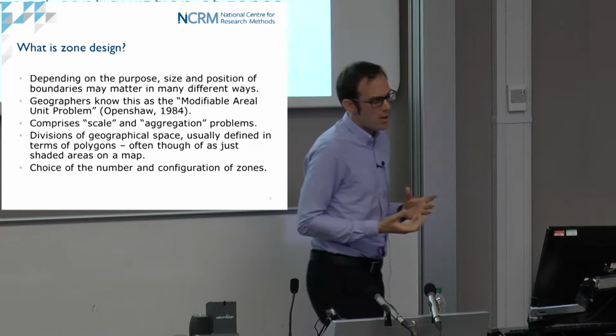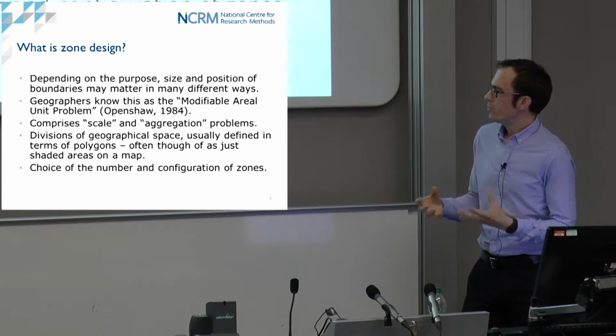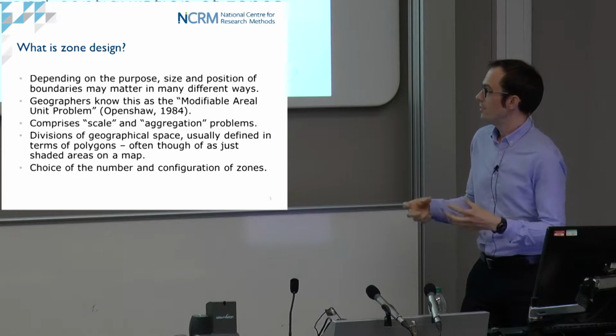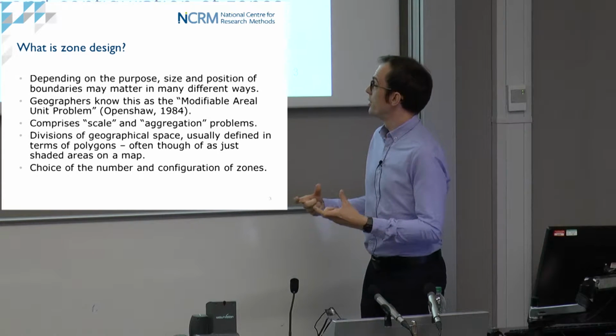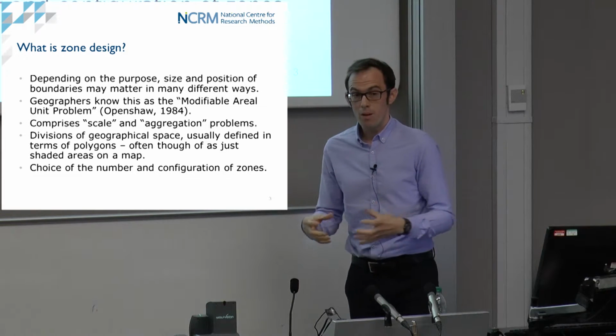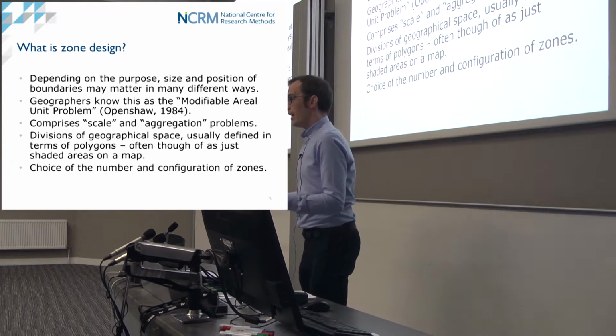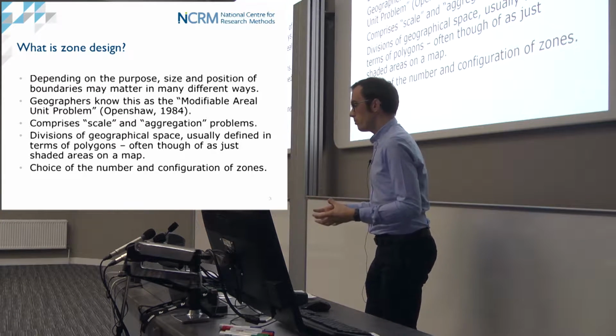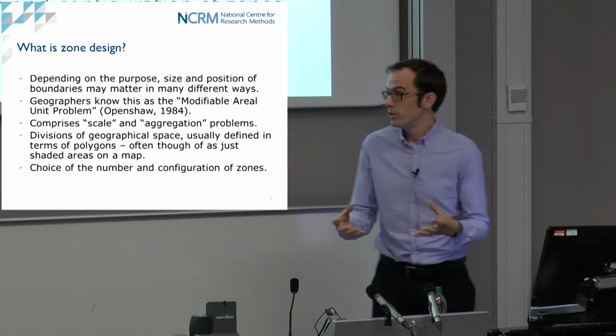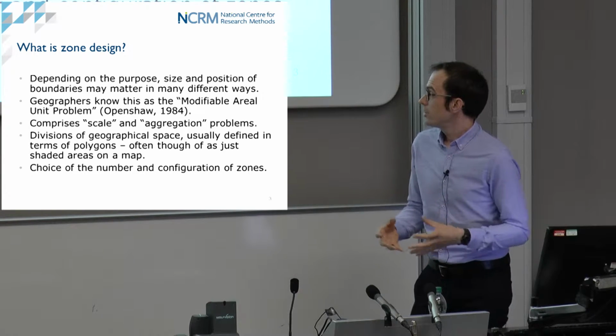Sort of practically, when we look at our units which we're using, often we're just thinking about polygons, so just shaded areas on a map. So we might think about electoral boundaries, or some of the census geographies which have been created, so output areas or local authorities.